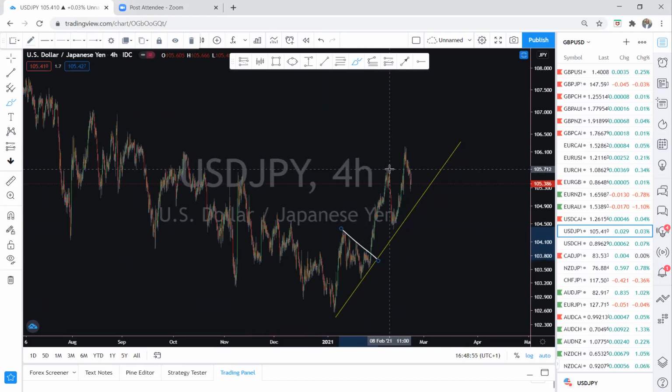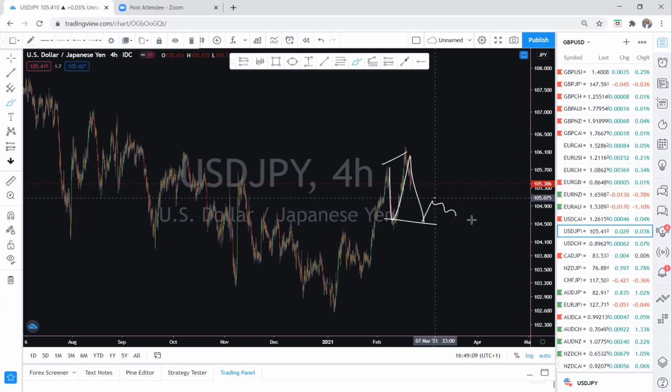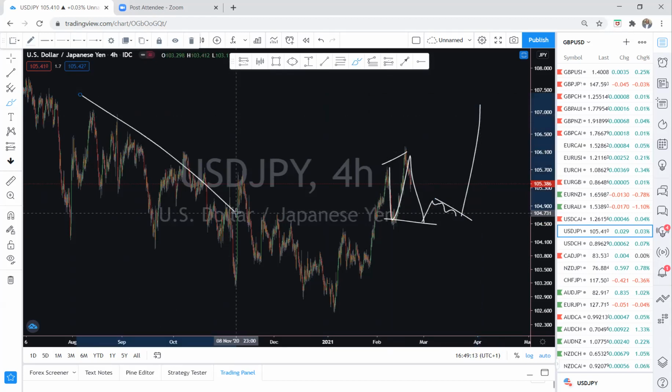Then we are also watching here to see if USD JPY is going to give us a beautiful three-wave pullback here. If we have a beautiful three-wave pullback and we can have an originating impulse here, after correction, we are not going to hesitate before we take a buy, because we know we have to complete a weekly structure. After this breakout to the upside, we have to complete a weekly structure.